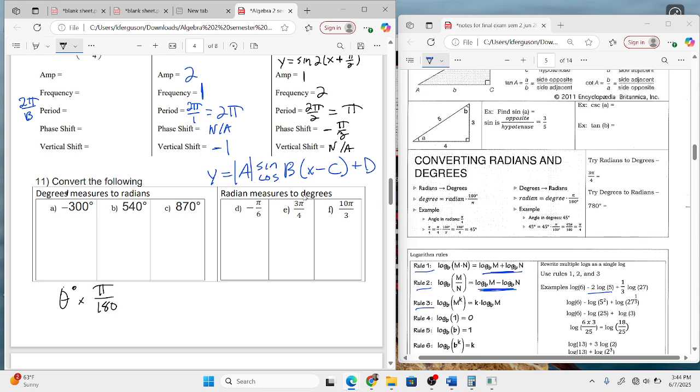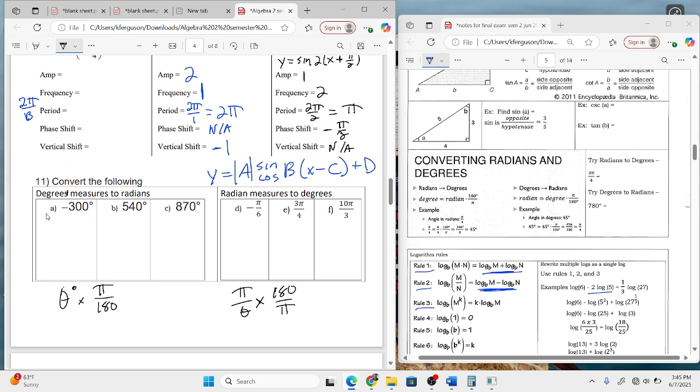And then radian measure to degrees, I take the radian measure, some number times pi or some number divided into pi, right? Matter of fact, let's make that a little truer to form. So that's going to be theta over pi times 180 over pi. So those are the formulas that I use.